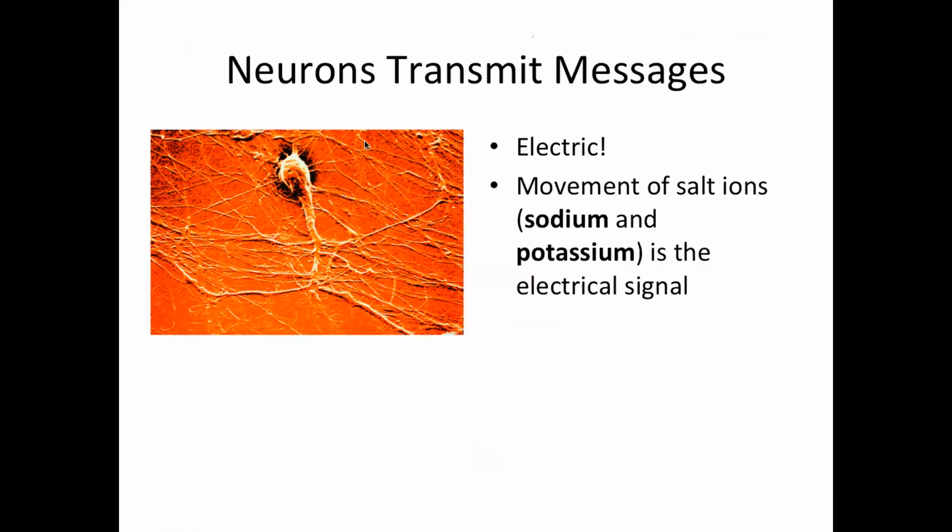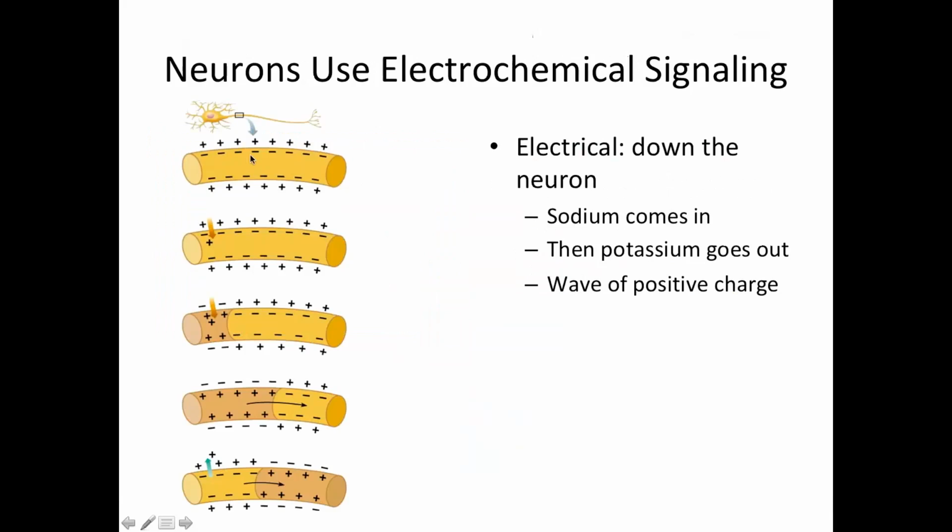So we're not talking about the same sort of electricity in a wire. We're not focusing on electrons. Instead, we're going to be looking at the movement of sodium and potassium, which are positively charged ions. This is our electrical signal. At rest, a neuron has what we call a distribution of charge.